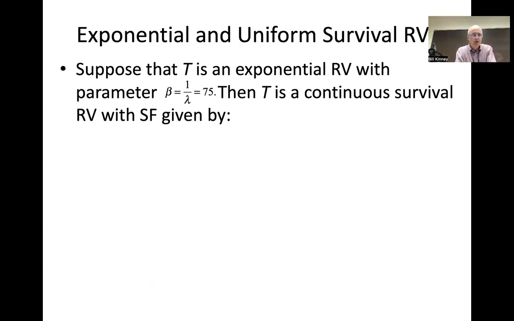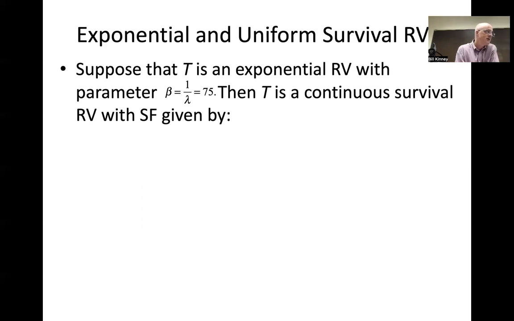So if we're talking about people here, we're trying to use an exponential distribution to model lifetimes of newborn babies. And we're saying they live on average 75 years. Now, 75 might be close to the average. I think it's a little higher, though it's gone down recently because of more drug use. That might be truly close to the average length of time to expect a baby to live.